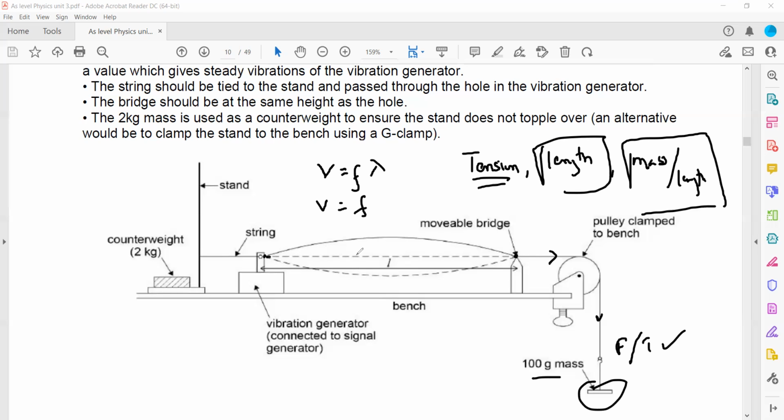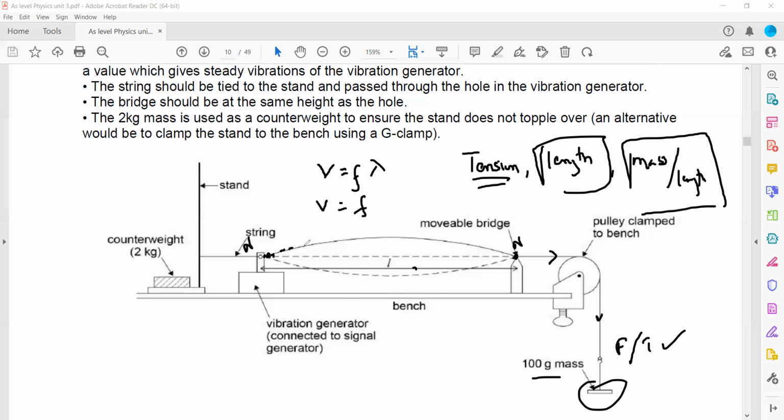Depending on how many loops are produced, it can produce multiple loops, but we assume for example it is producing one loop. What is the length of one loop? It is the distance between two successive nodes, from one node to another.